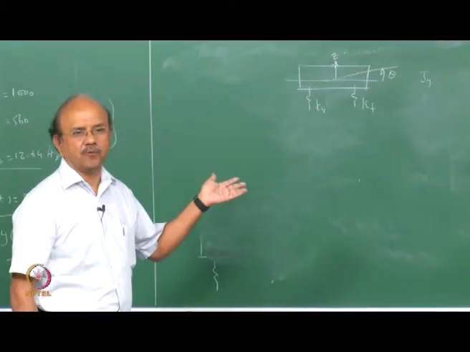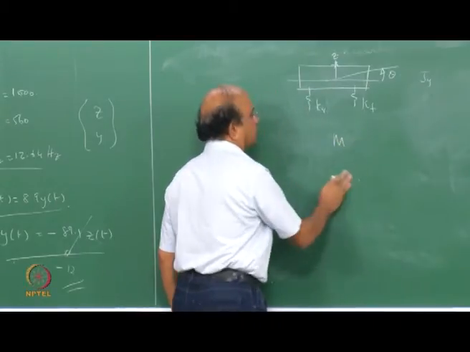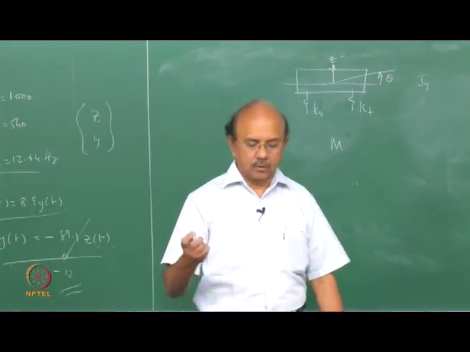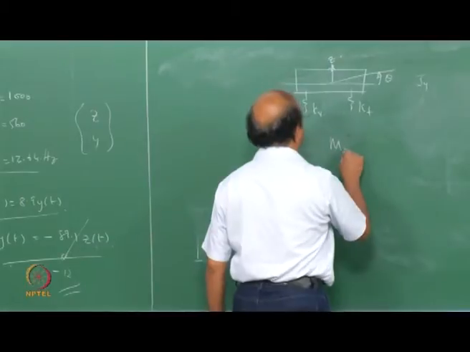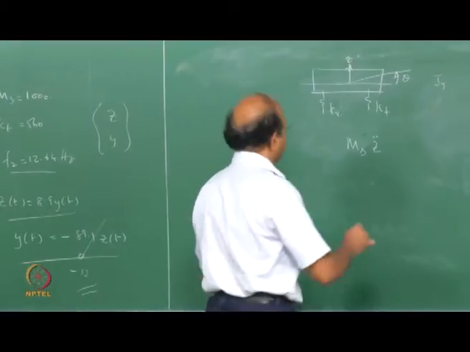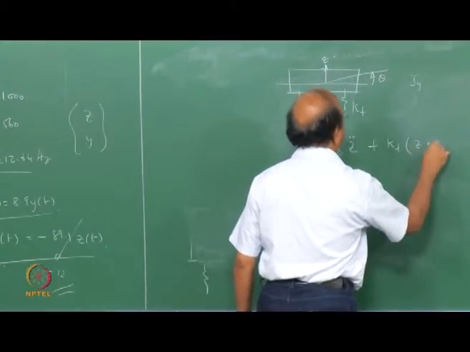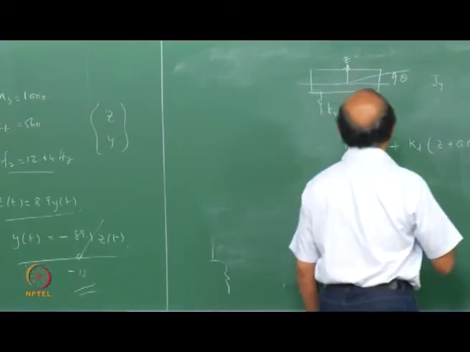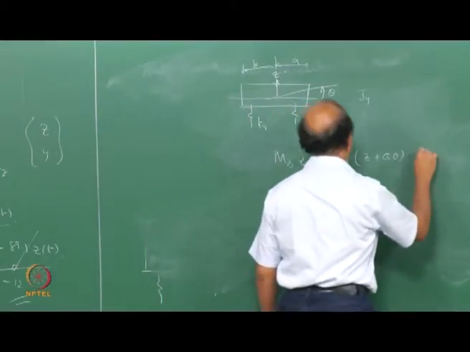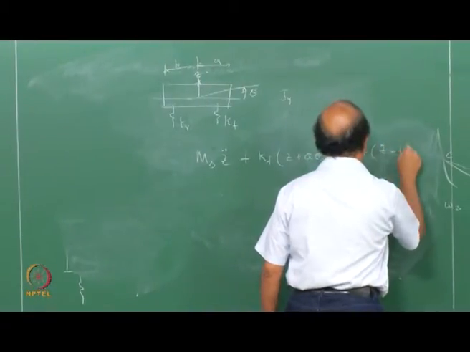Now what I'm going to do is very standard. How many equations am I going to get? I'm going to get 2 differential equations. We will call the mass m; we have neglected the MUS, so that is MS. MS Z double prime plus KF into Z plus A theta, A of course you know what is A, plus KR into Z minus B theta is equal to 0.